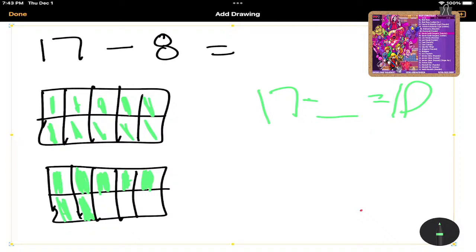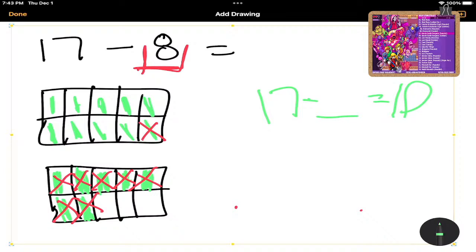How many do we have to remove? 8. 1, 2, 3, 4, 5, 6, 7, 8.